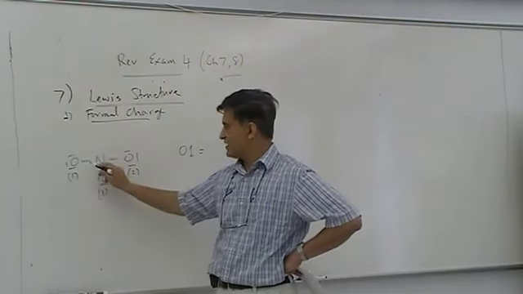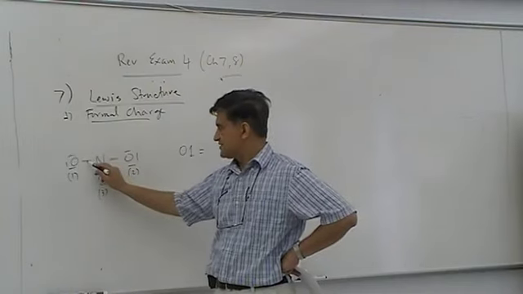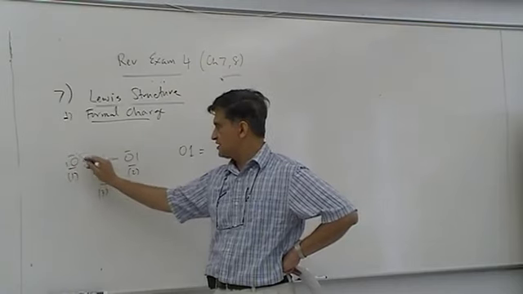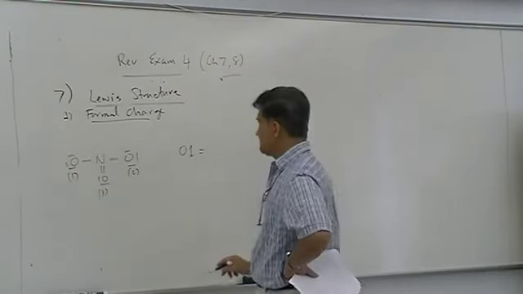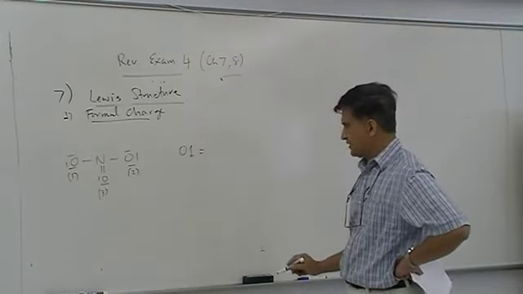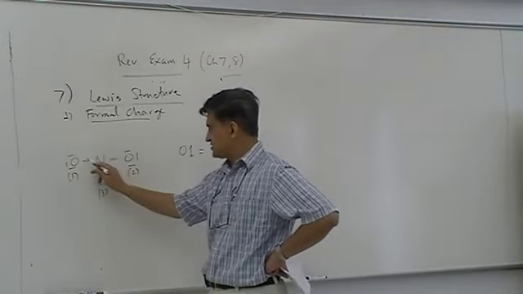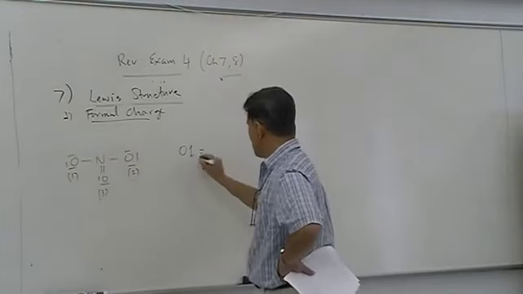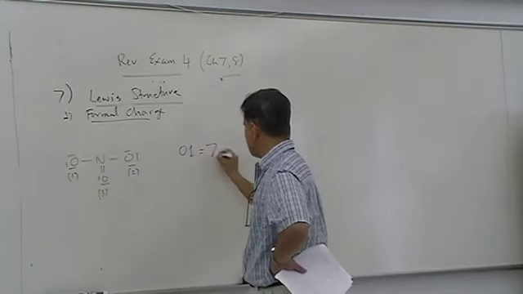And take half of the bonded electron pair. 7. So 2, 4, 6, 7. 6 are solely on oxygen, which is non-bonding electron pairs, and 1 pair is being shared, so take just 1 electron out of that. So oxygen 1 has 7 electrons.